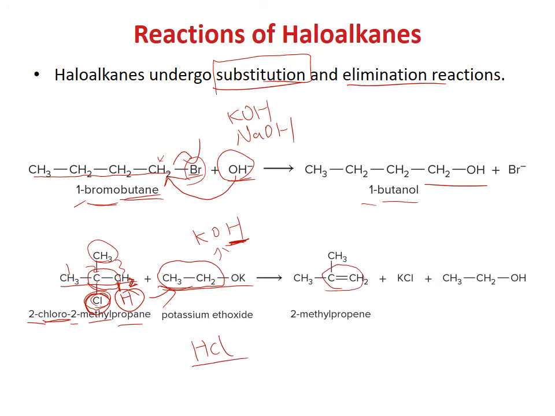The hydrogen chloride is an acid. It reacts with this base and forms this product. So the main transformation is the carbon-carbon single bond becomes a carbon-carbon double bond, and a small molecule is eliminated. So the reaction is an elimination reaction.